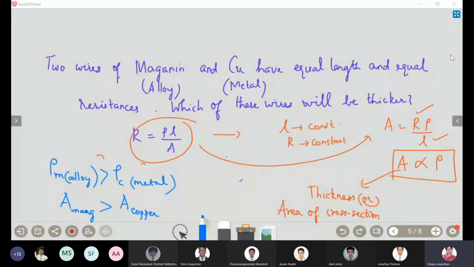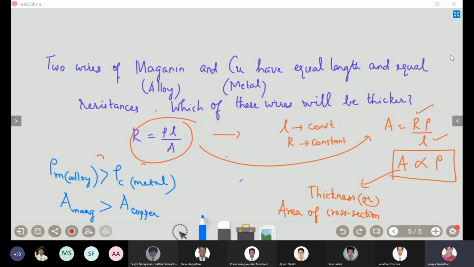All graph-based questions are important, boys. Whenever you have such heat energy questions, if both have been connected to the same power supply, V is a constant.